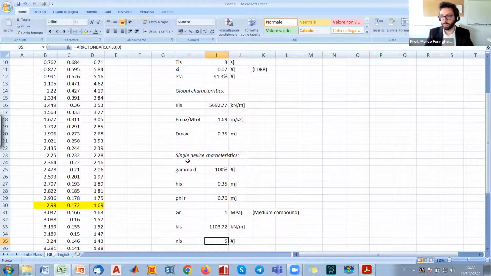You have to count isolation devices, so it is not a parameter or a scale factor, but it represents the number of isolators that you will install. If you get 4.9, I think you can go to 5. You don't have to go back to 4.